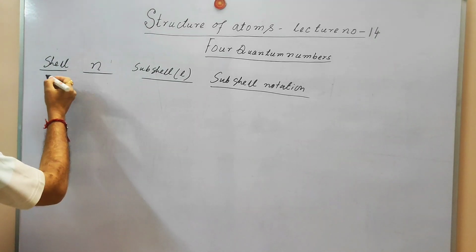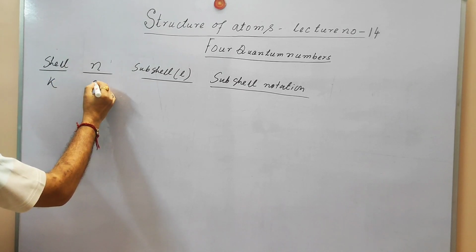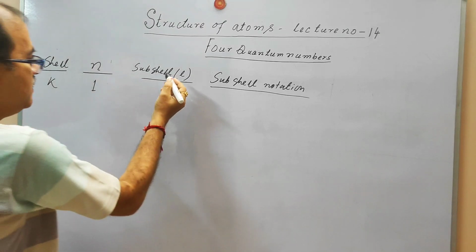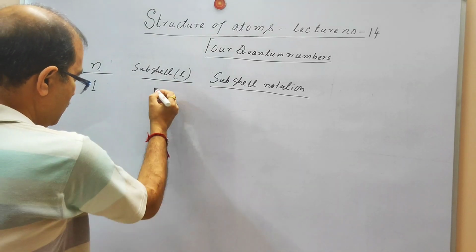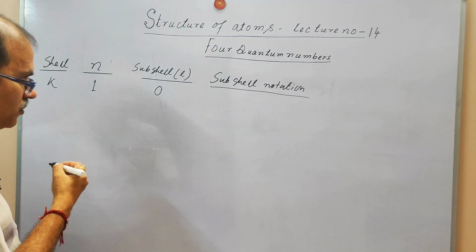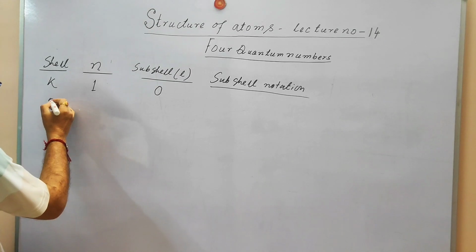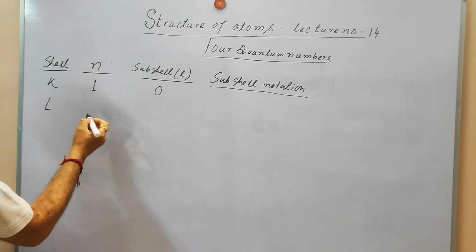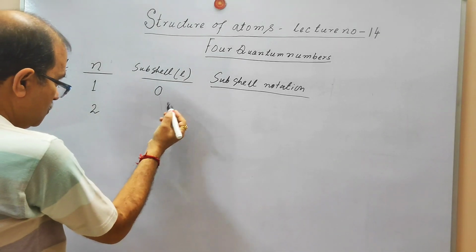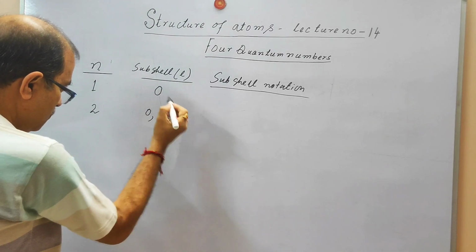Suppose the shell is K and its principal quantum number is 1, then l will have one value, that is 0, and its subshell notation we will do afterwards. First we understand this. When the shell is L, the principal quantum number is 2, and it will have two subshells, 0 and 1.